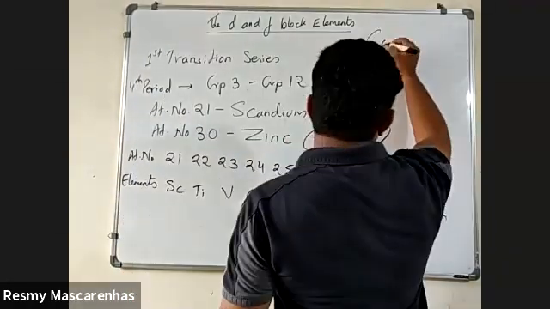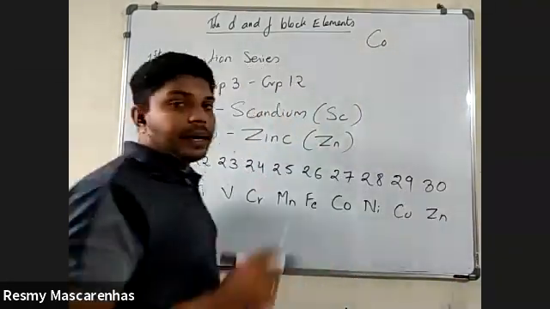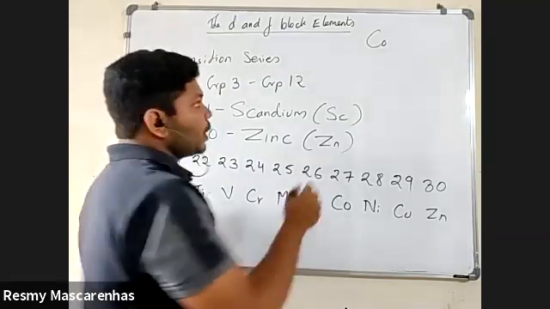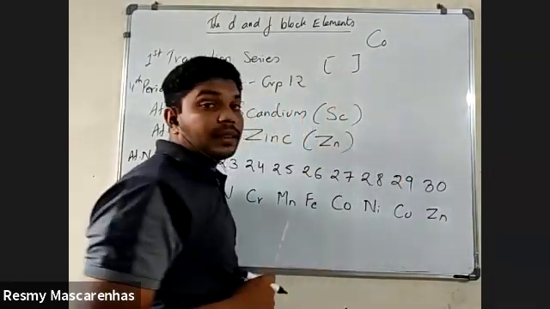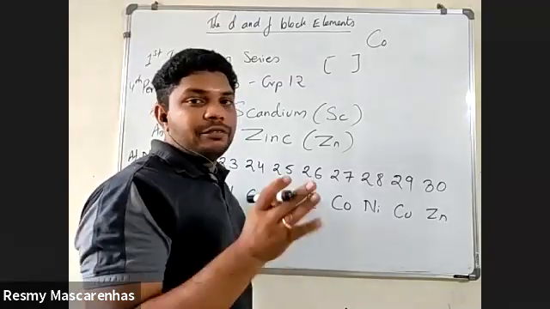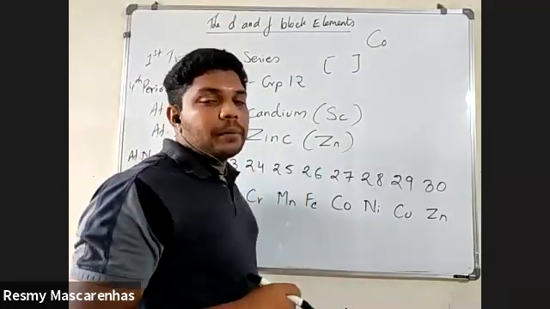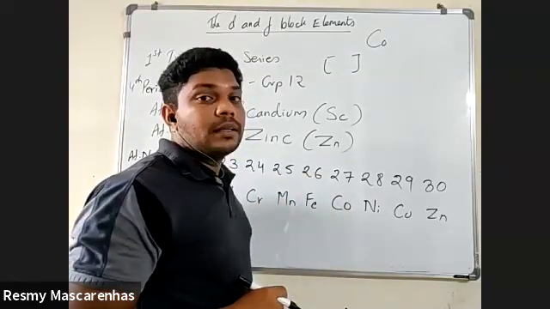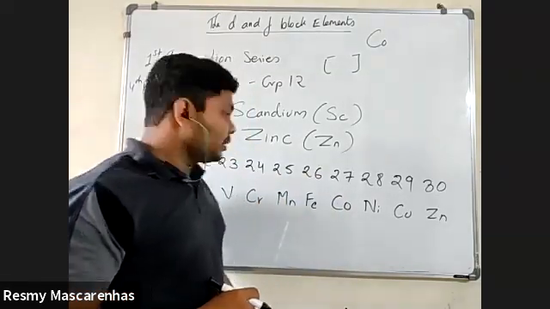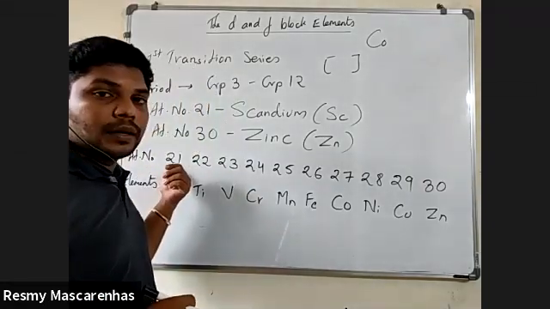Whenever you are writing the electronic configuration for cobalt, first of all you should write the inert gas. Which inert gas comes before this transition series starts? Now this starts from 21. Neon?